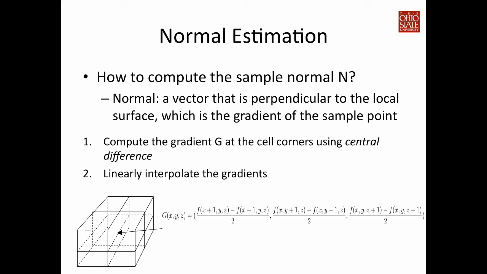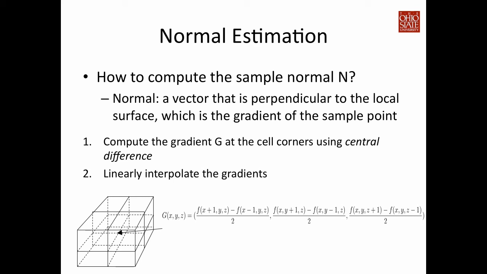Essentially, for every grid point, you can calculate the gradient using the central difference formula. Here, xyz is the position of the gradient. And then, for any point inside the cell, you can calculate the gradient at the grid points surrounding the cell, and then interpolate the gradient.